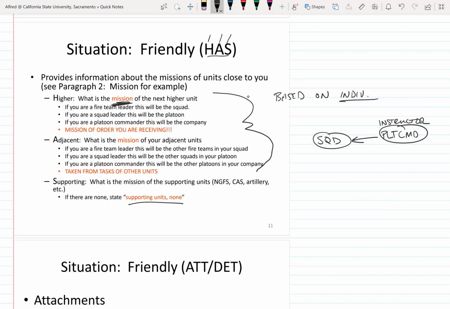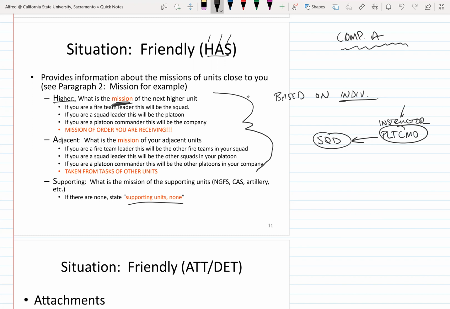But the thing is, when he's reading the order to you, the instructor, he's giving you a higher unit mission as well. But you don't want to copy that because that's his higher unit. That's not your higher unit. So he's going to tell you Company A, their main objective is whatever, blah, blah, blah, right?